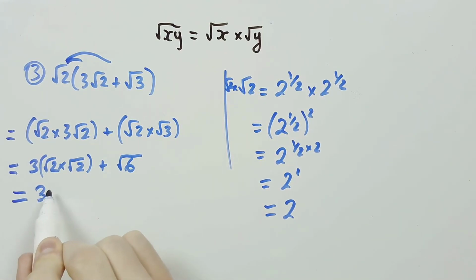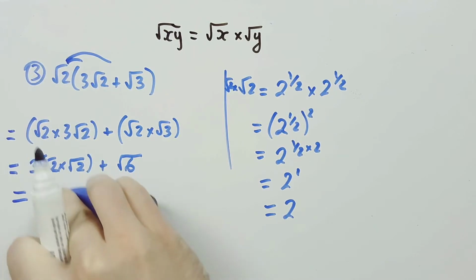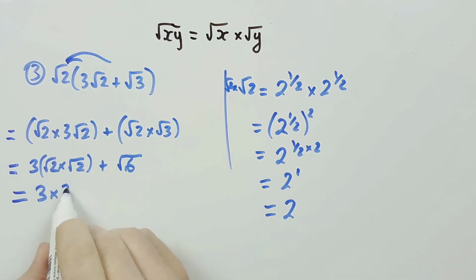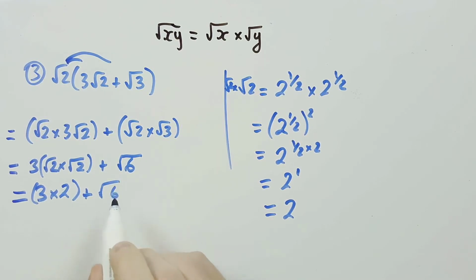So here we're left with 3 times 2, since root 2 times root 2 is 2. Sorry, not 4, it should be 2. And plus our second term, which is still root 6. So it leaves us with 6 plus root 6. And in fact, we can't break down root 6 any further.